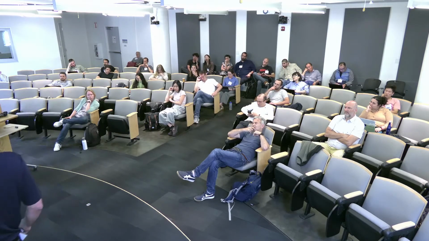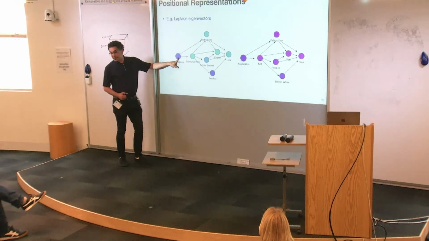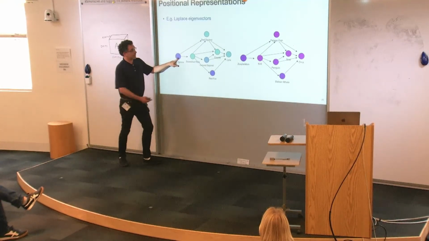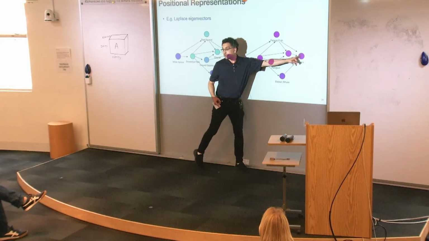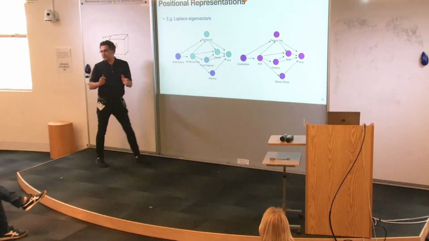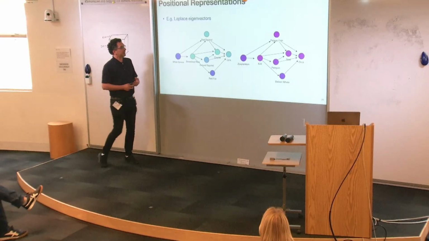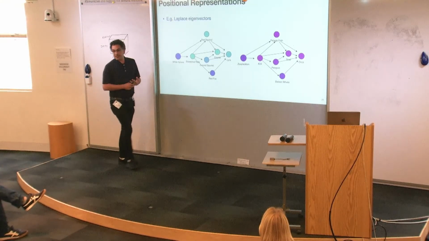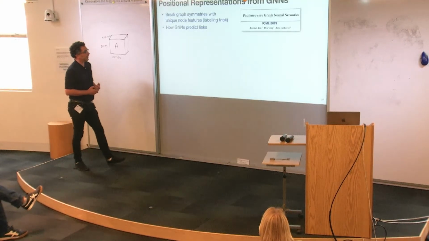The other thing is that if you do it for the source node, then this node would have a special marking, but this node wouldn't. So in the end, this will get a different embedding than this one. So it creates the symmetry break. Essentially, the basic idea is to create positional representation with symmetry breaking labels or features.